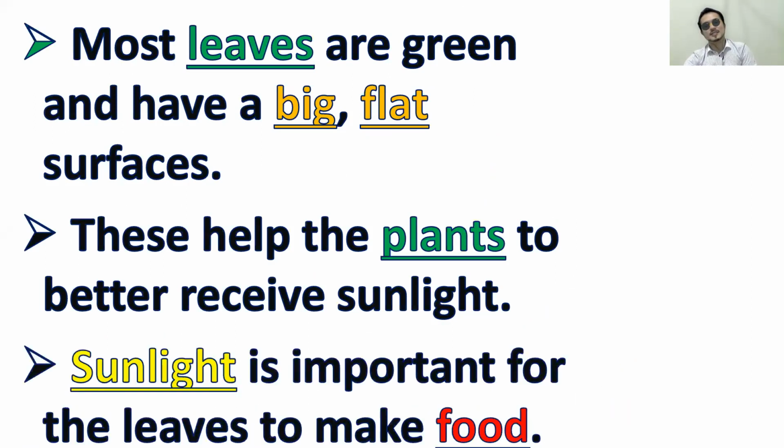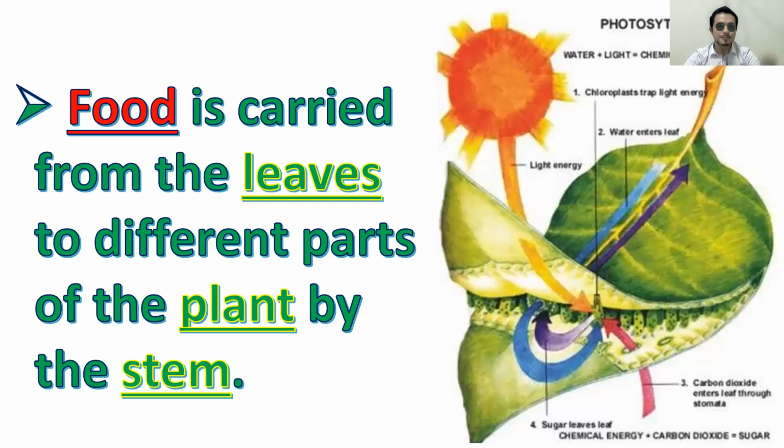Sunlight is important for the leaves to make food. The plants can make food because of the sunlight. So you can see food is carried from the leaves to the different parts of the plant by the stem. That's what I told you a while ago.